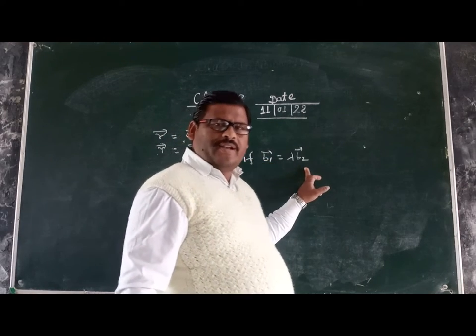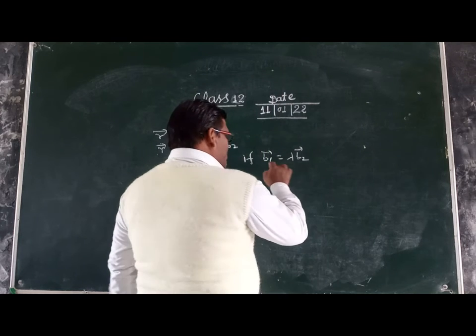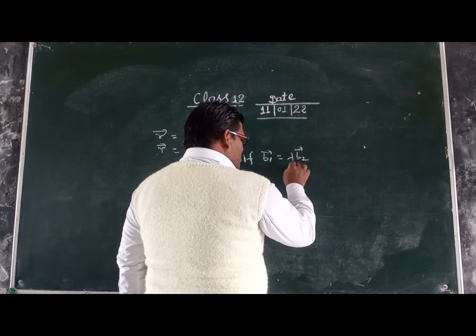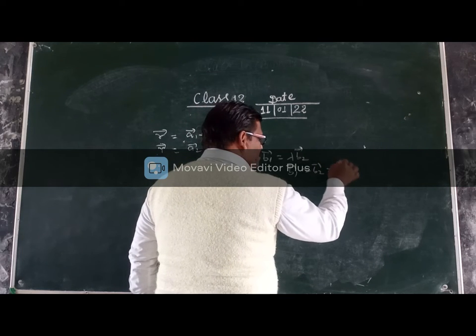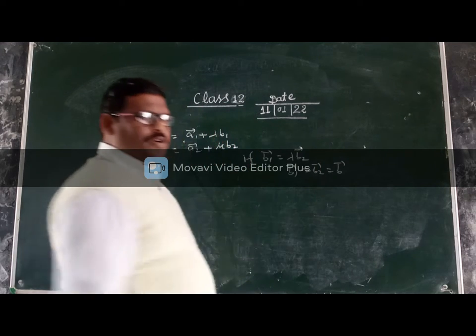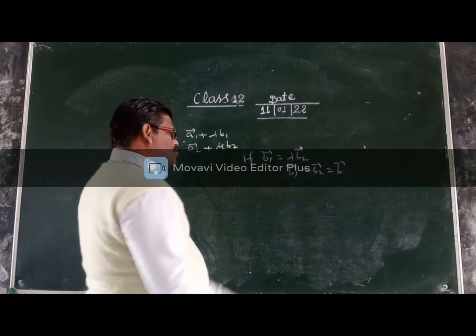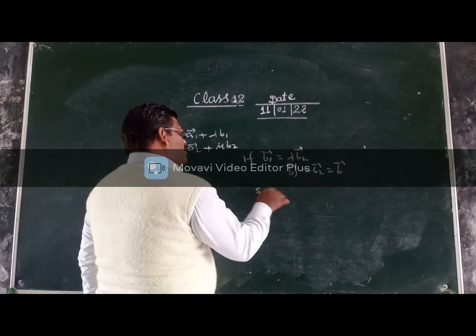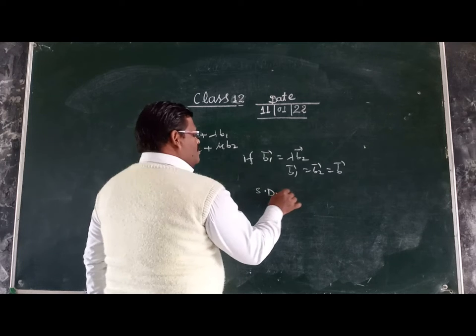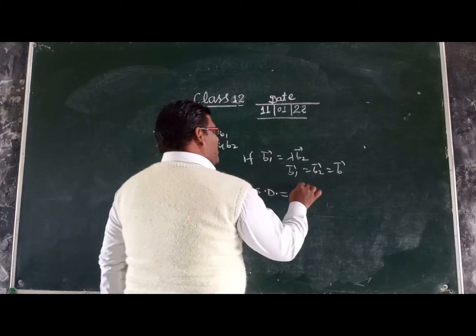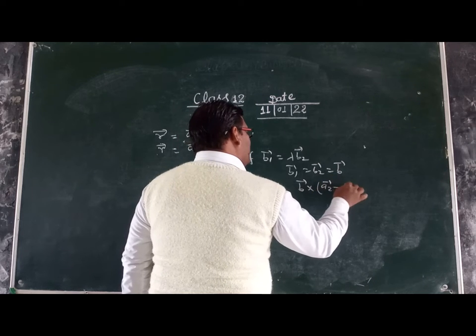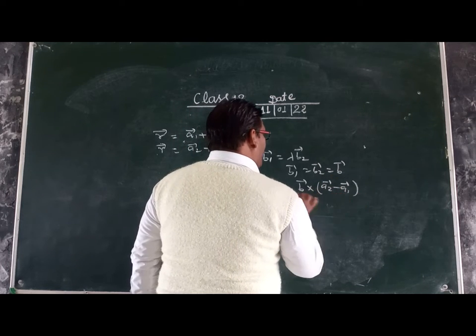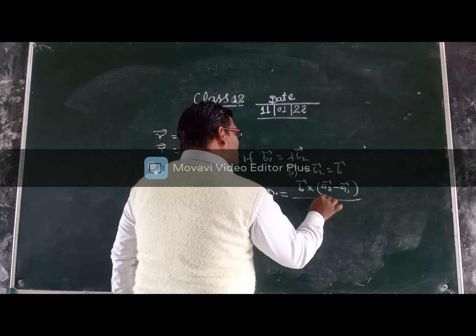In the case of parallel lines, you can write vector v1 is equal to vector v2, suppose it is vector v. Therefore, the shortest distance between the lines is equal to the modulus of vector v cross (a2 minus a1), divided by the modulus of vector v.